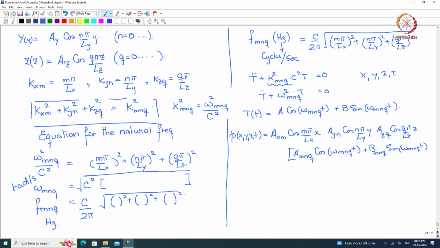Now these constants can be absorbed in here, and I'll rename them as the same name.